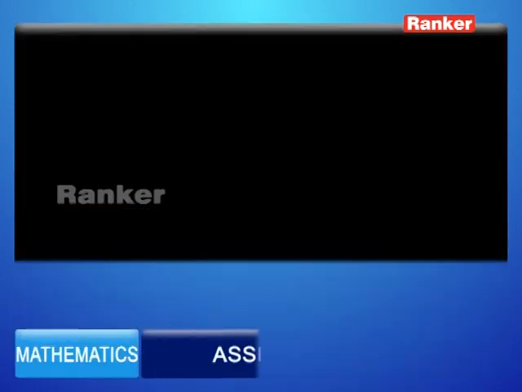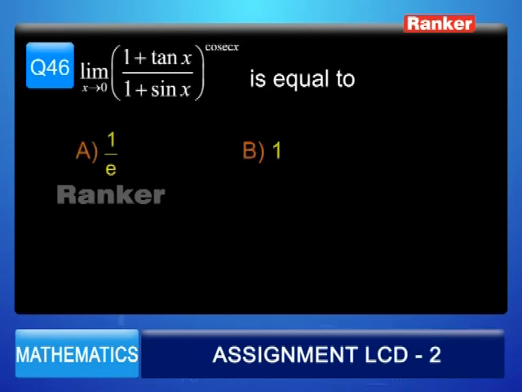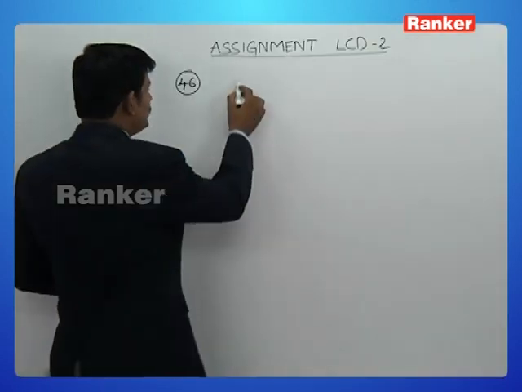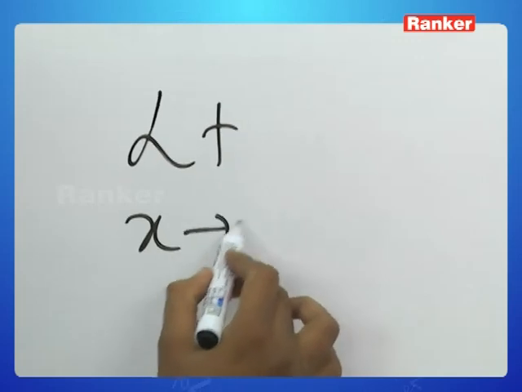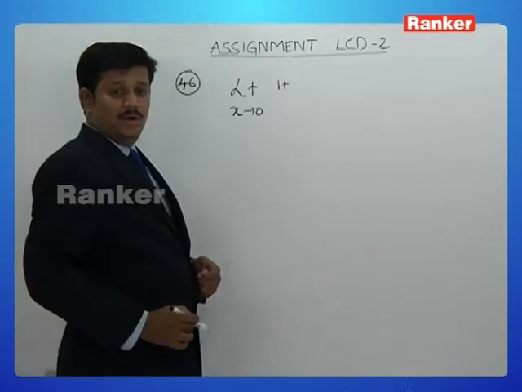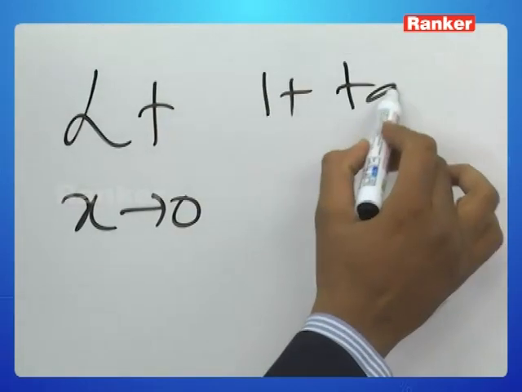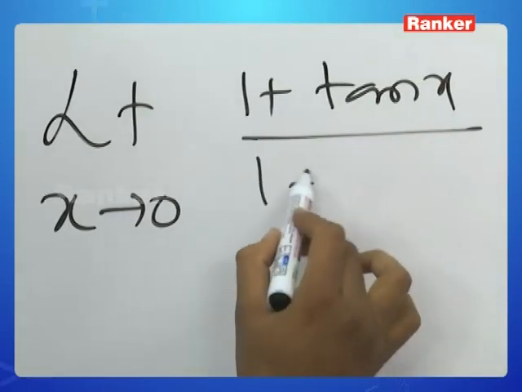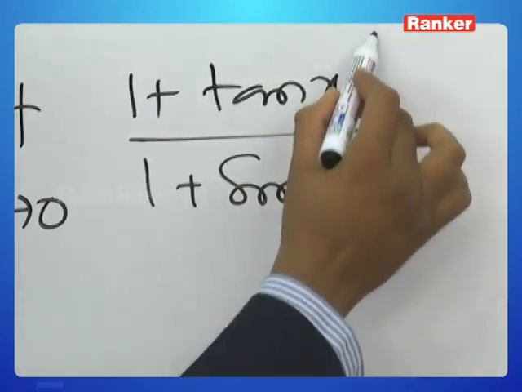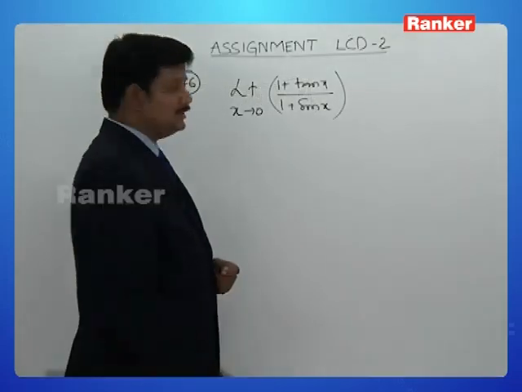Next question, evaluate limit x tending to 0 of 1 plus tan x by 1 plus sin x whole power cosecant x.